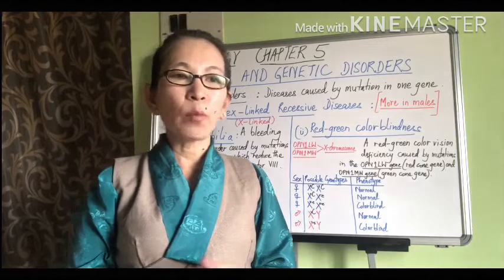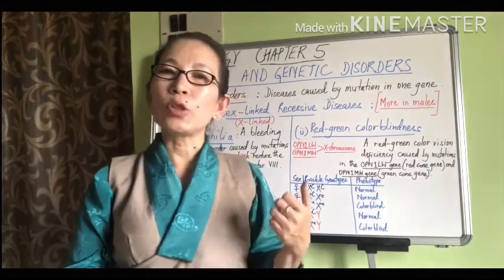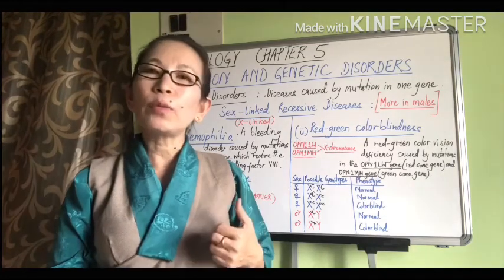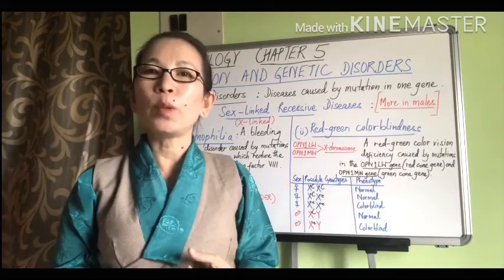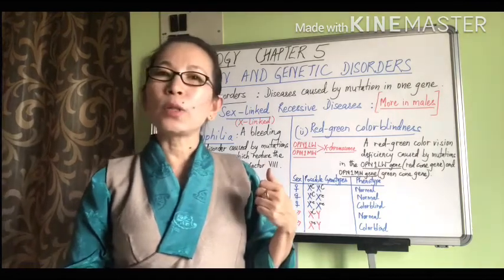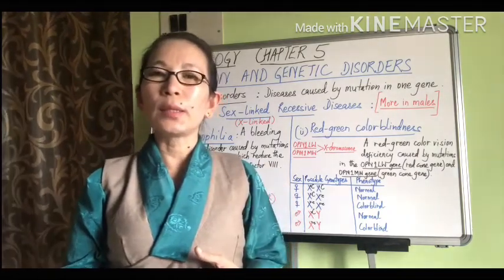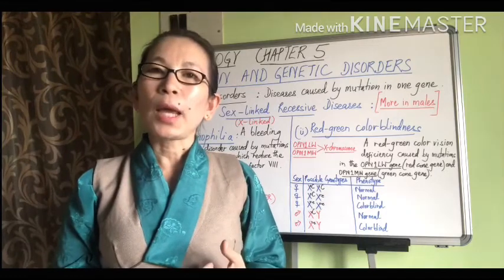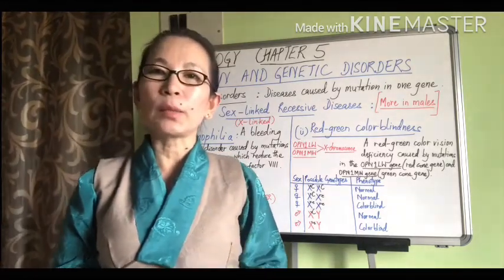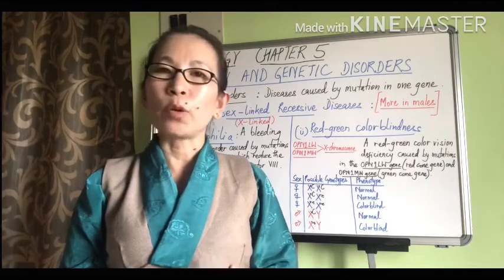We do have some Y-linked or sex-linked dominant diseases, but they occur at lower frequency and are much rarer in the human population. Y-linked or sex-linked dominant diseases are considered more lethal, and embryos showing such mutations cannot survive to full term. They undergo spontaneous abortion.